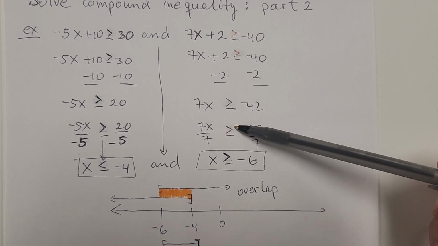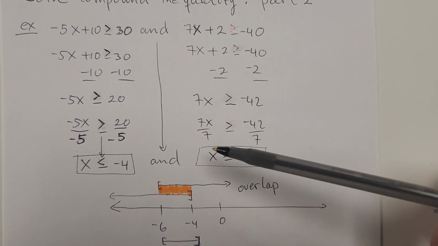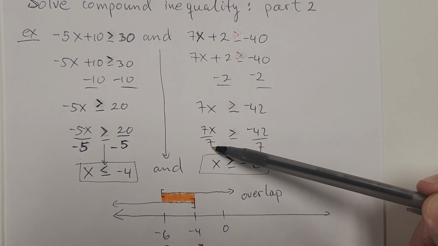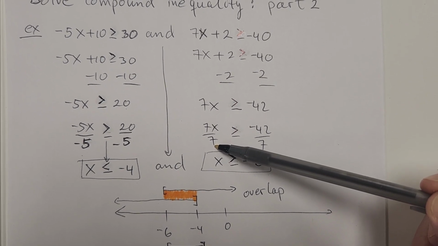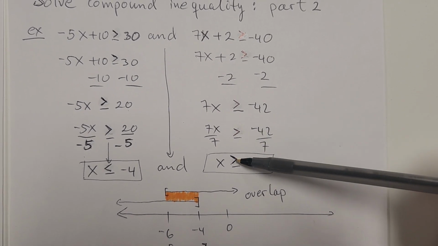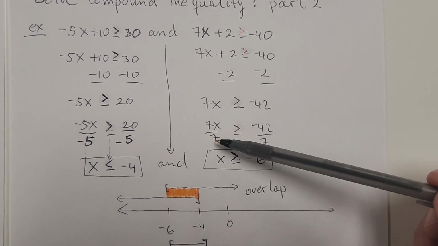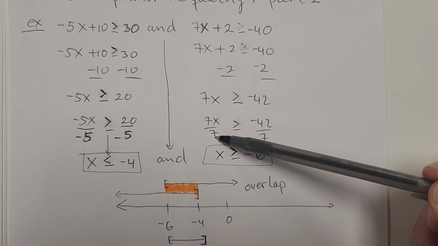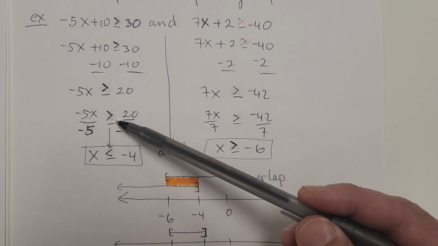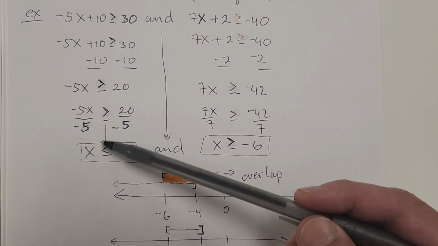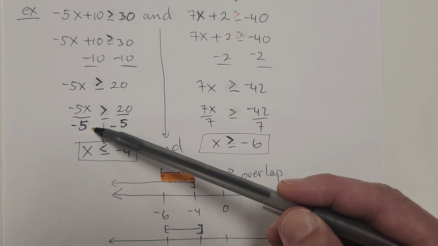However, this time, if you notice, this symbol did not switch because I did not divide or multiply by a negative 7. As you can see, on the left side this is switched because I divided by a negative.